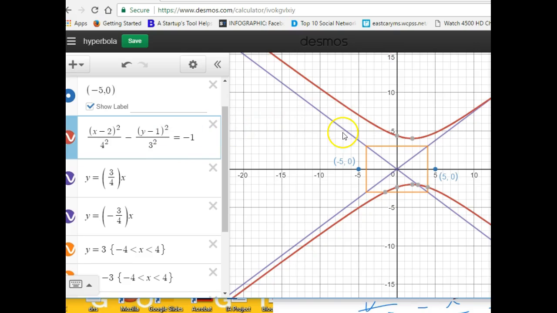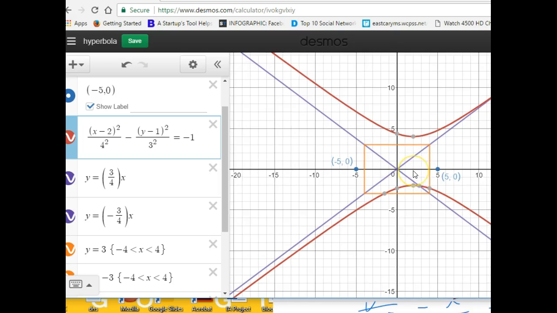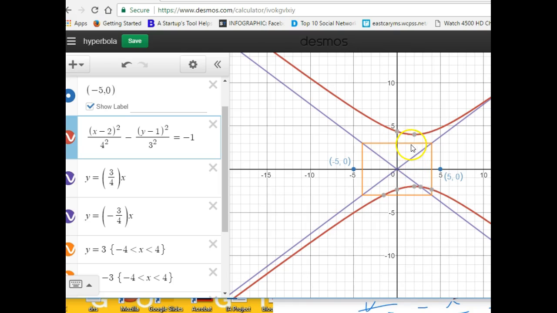And then you can see that I have now translated the red hyperbola set 2 units to the right and 1 unit up. And that's what happened here. The h value is 2, the k value is 1, and so therefore I've translated both vertices 2 to the right and 1 up.